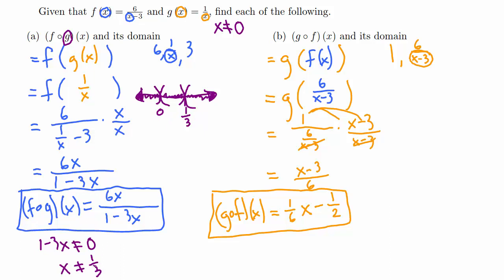So this means that by having two different numbers that I cannot use, this actually breaks the number line up into 3 separate regions. So the actual domain here for f composed of g of x is negative infinity to 0, union 0 to 1/3, union 1/3 to infinity.